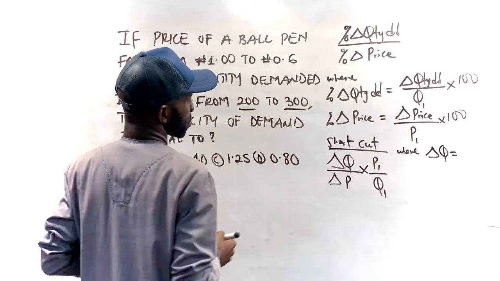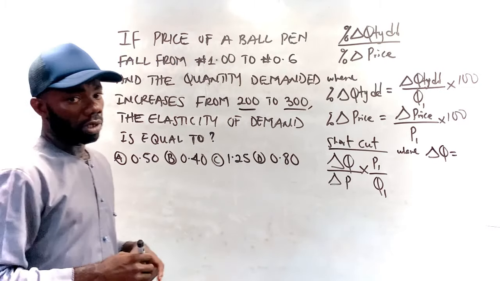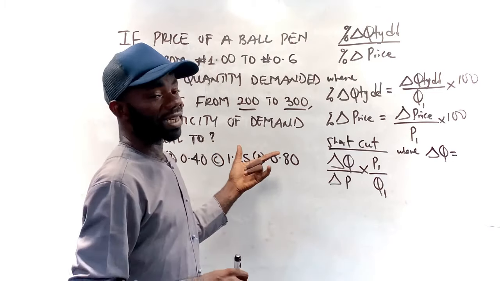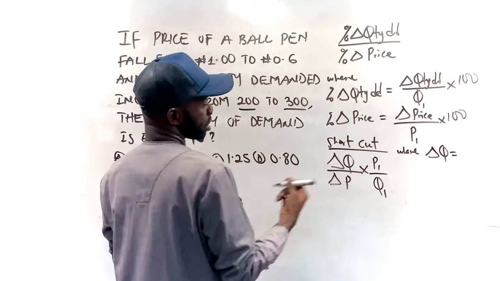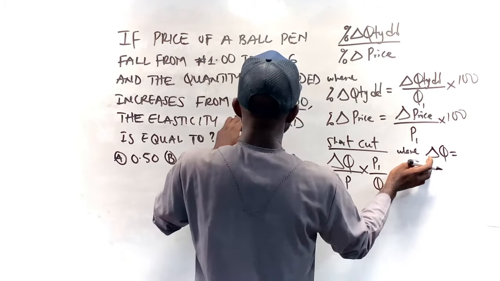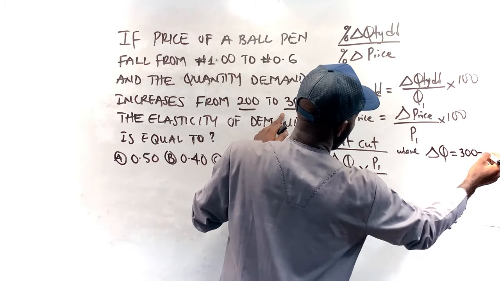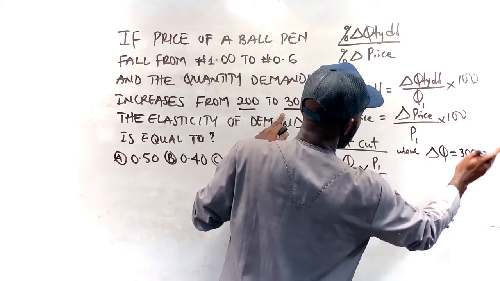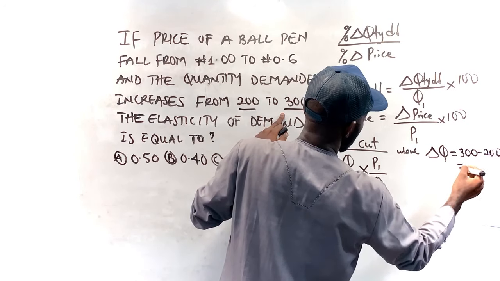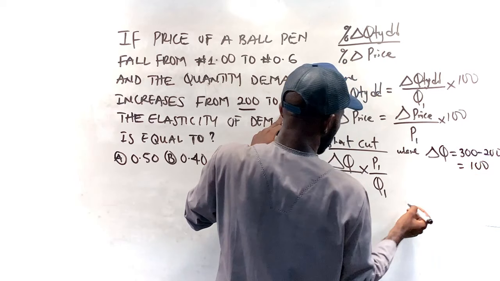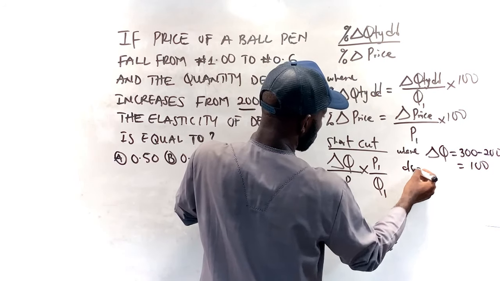Check this out. Take notes. We try and avoid negative when we are considering change. The difference between 200 and 300 is 100. So we're doing 300 minus 200, and it gives us 100. We leave that and go to price.